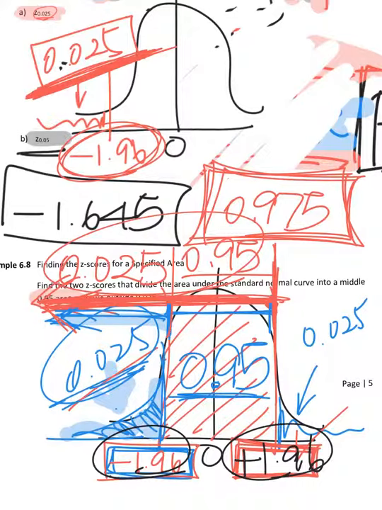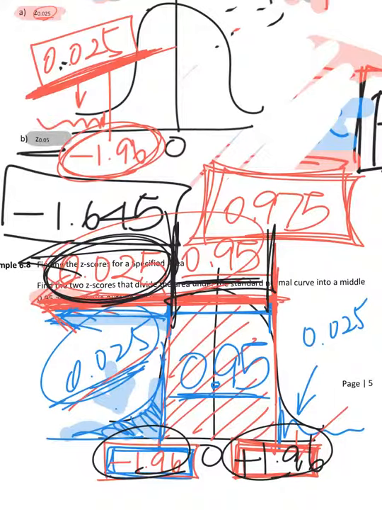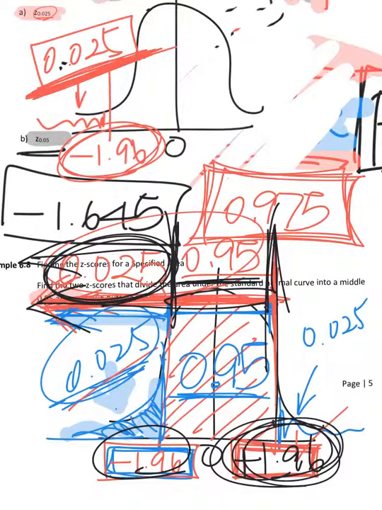Where did you get 0.975 though? Here, 0.025. In the middle, 0.95. All together, just less than positive 1.96. There must be a probability 0.975. When you print out the z-table, please look for the probability 0.975.